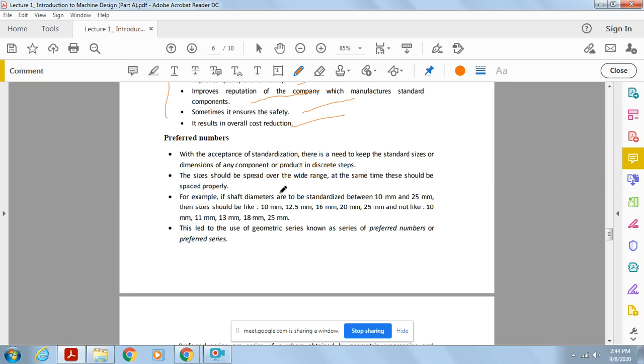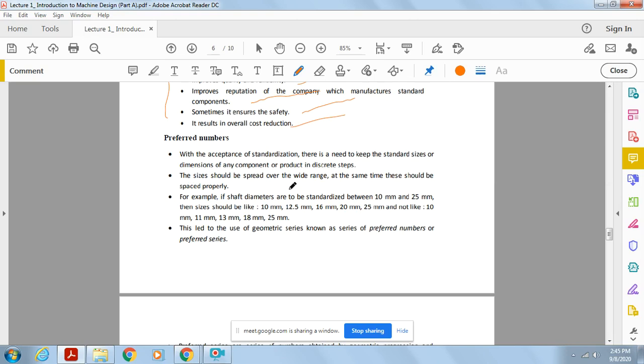This is not mandatory. So there are certain standard sizes that are available in the market. The size can be available in terms of horsepower, that means power transmission, in terms of RPM, in terms of length, in terms of diameter or width.